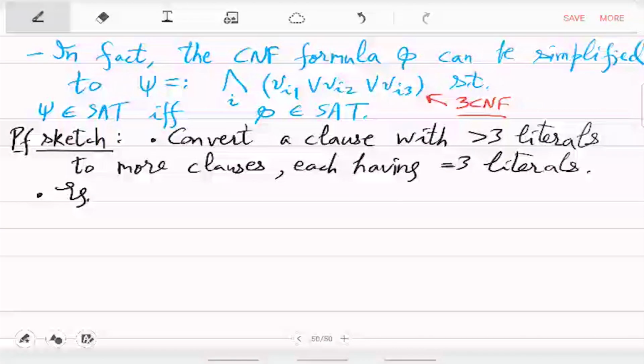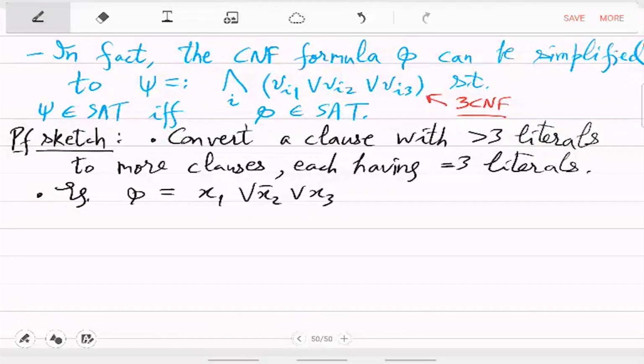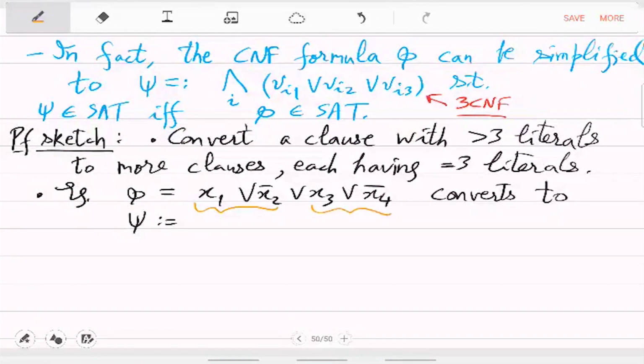So let's take phi to be x1, x2 bar, x3, x4 bar. You can convert it to psi, where you look at the first two essentially and the last two.